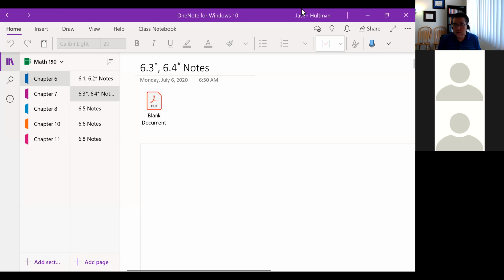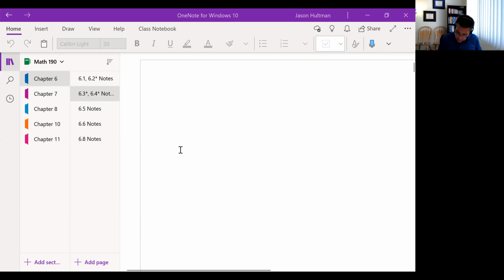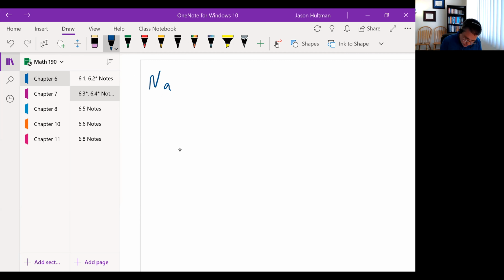Okay, 6.3 is the natural exponential function. So what do I want to write in today? The natural exponential function.